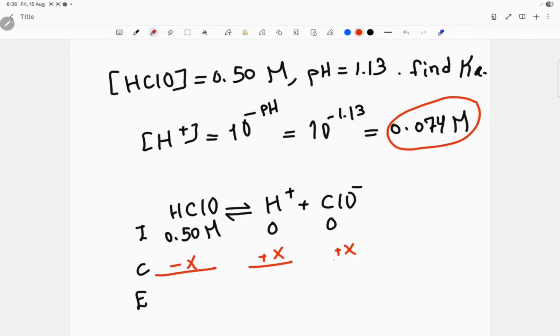Go ahead, do the math. I'll do the ones on the right side, the hard ones. You do the easy one. What do you do? 0.50 minus x, so instead of x put 0.074. 0.426.